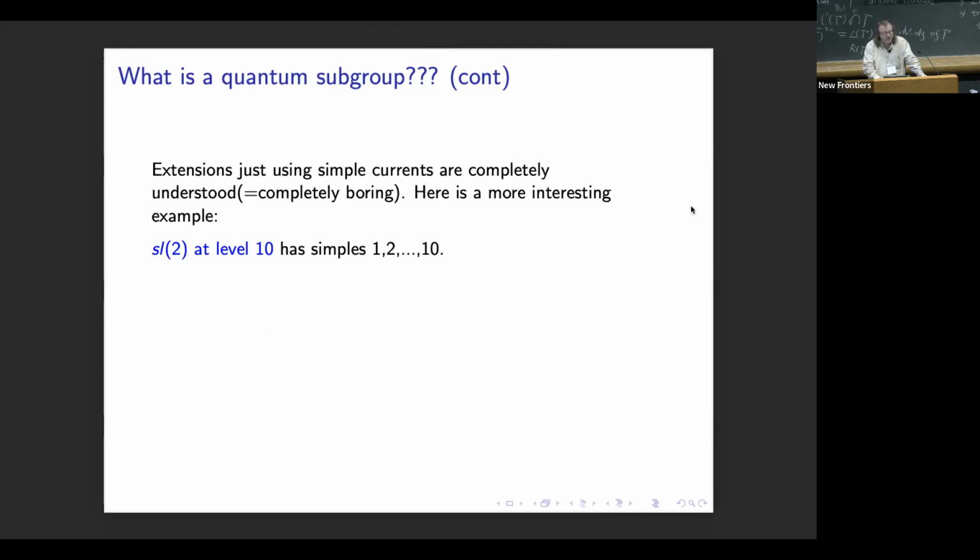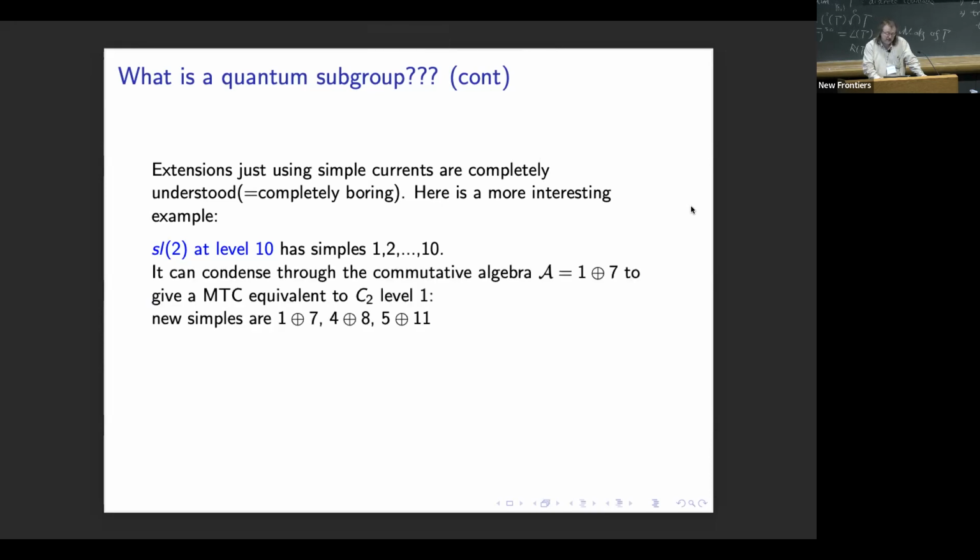So here's a more interesting example: SL2 at level 10. I screwed up here. Its anyons, its simples are 1 up to 11, not 10. 11 is the simple current. This can condense through an interesting, non-trivial commutative algebra, 1 plus 7.